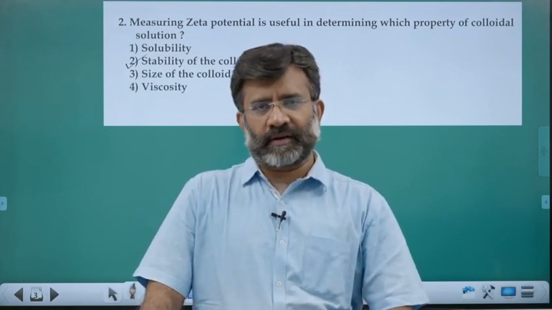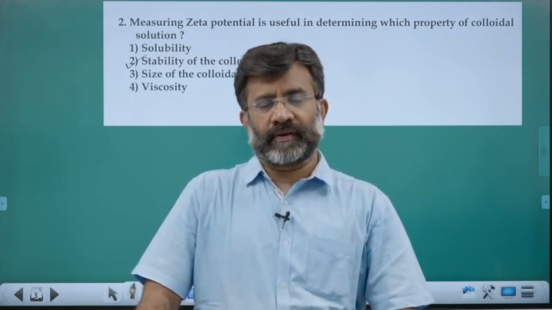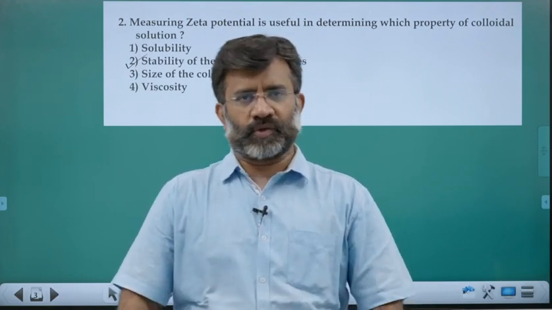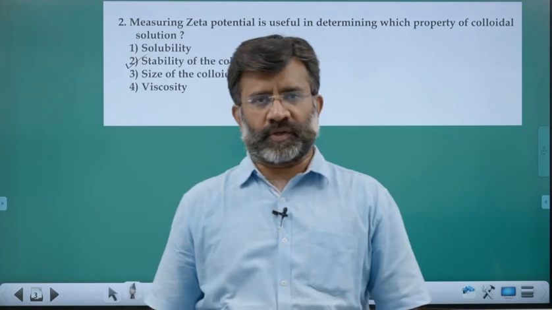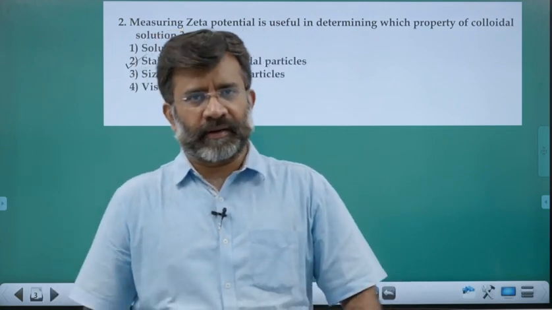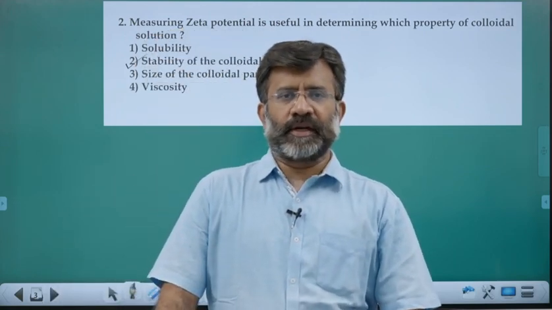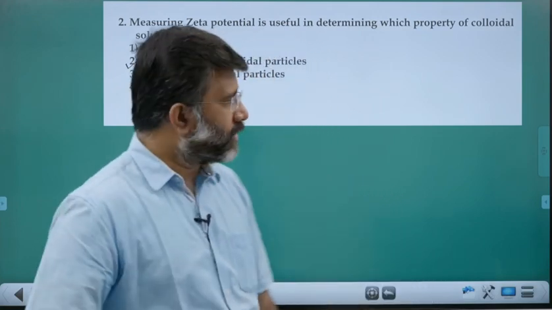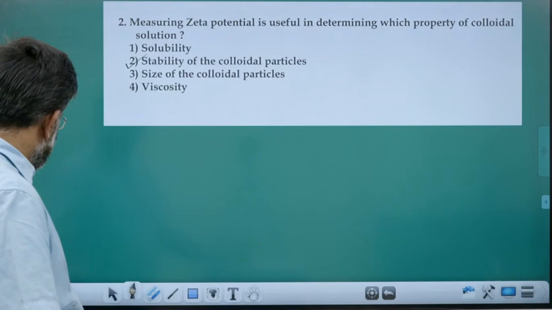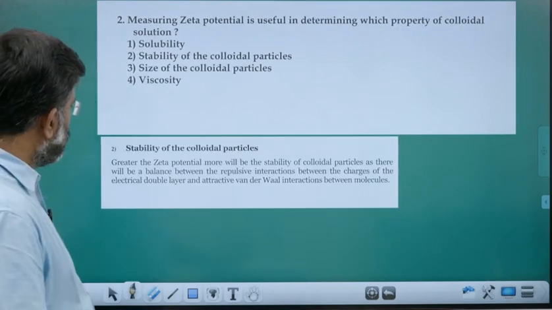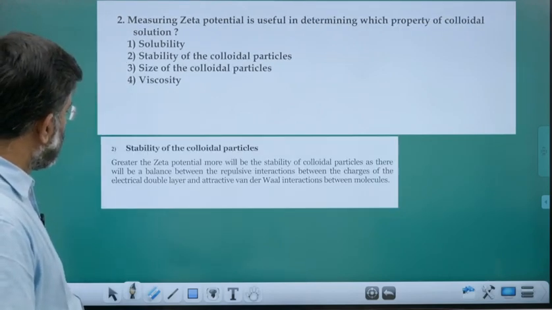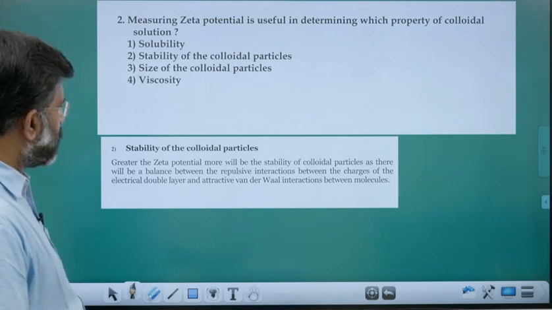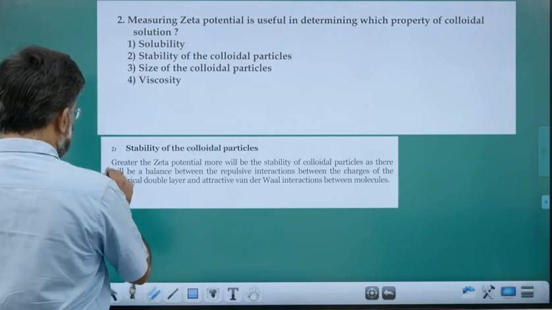One major factor is charge, and related to charge you are learning the zeta potential, the so-called electrokinetic potential, the potential difference maintained between the Gibbs double layer, Helmholtz double layer, right? So no doubt, second choice, it pertains to stability of the colloidal particles.